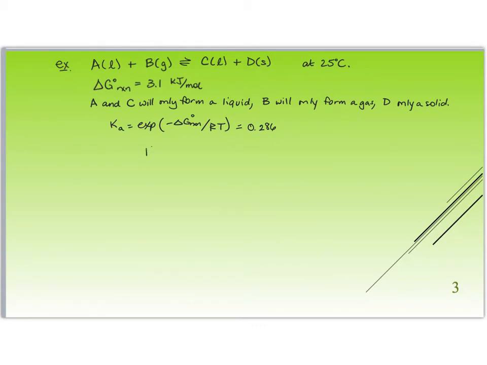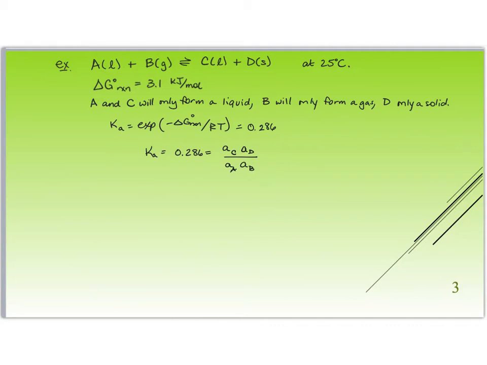I also know that chemical equilibrium tells me that this 0.286 is equal to the activity of species C times the activity of species D over the activity of A times the activity of B.